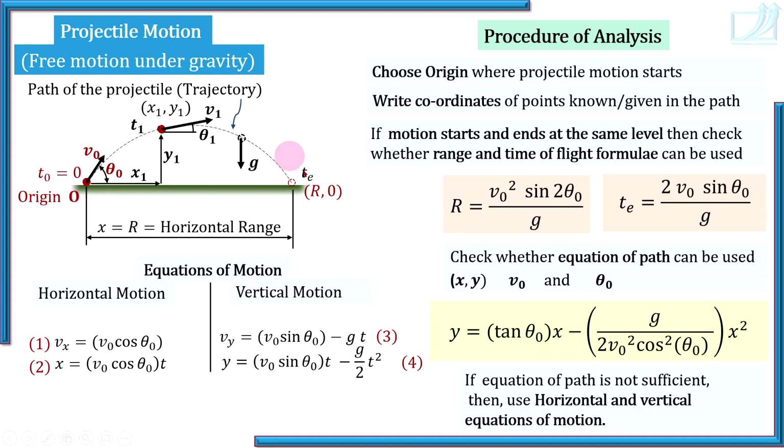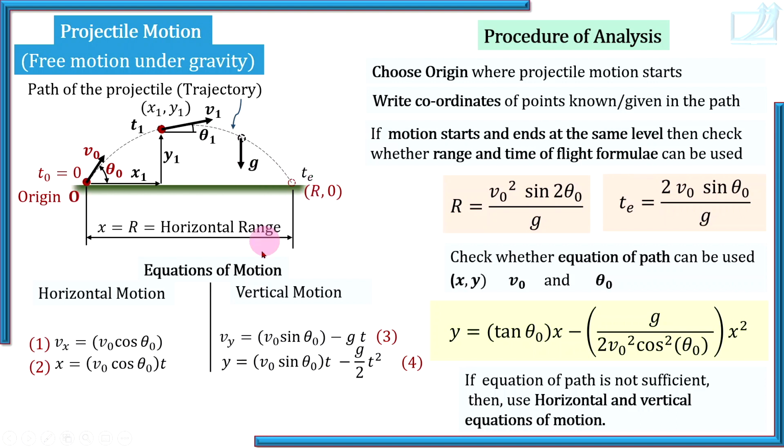Now, during the motion, which are the variables involved? Is acceleration a varying quantity here? No, acceleration is constant. So, at each and every instant, at each and every position, acceleration is g downwards. It is uniform acceleration motion.